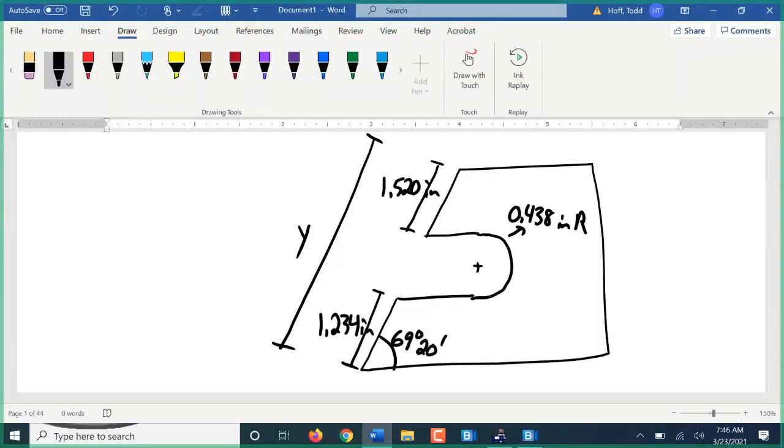So looking at this, what we need to know is this dimension across here.